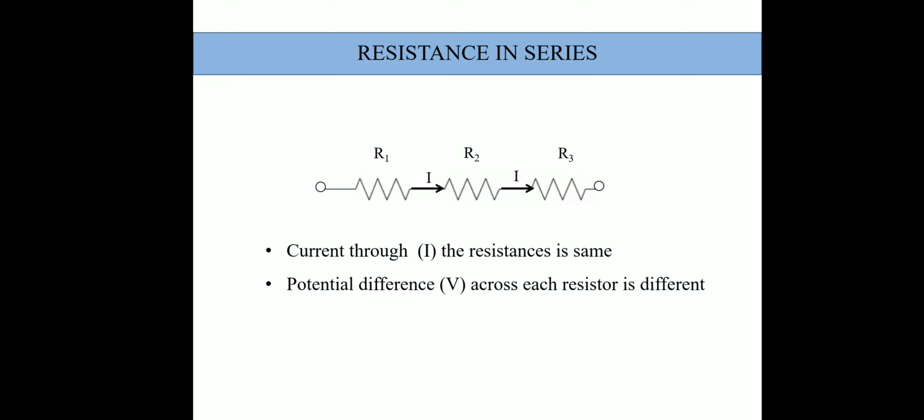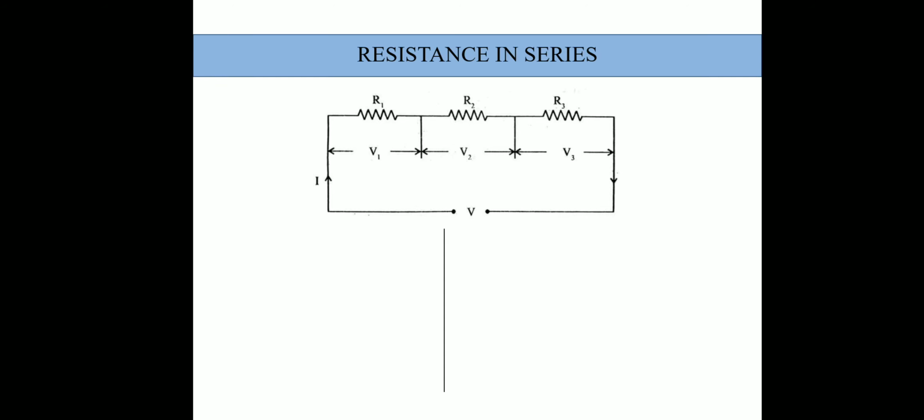So all of them have the same current, and they have different potential differences: V1 across R1, potential V2 across R2, and potential V3 across R3. If we want to find the total potential difference between this point and that point, it will be V1 plus V2 plus V3. That is what we have seen, exactly like this.